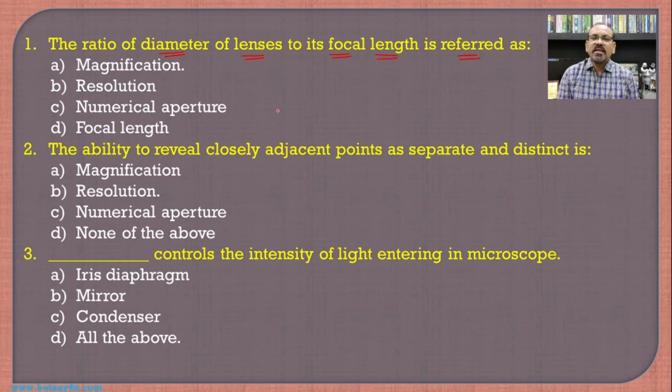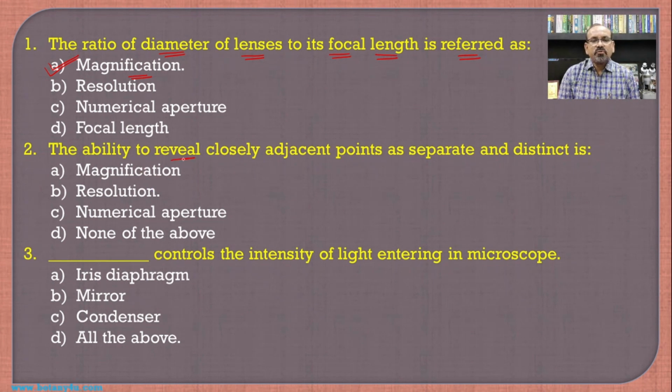And this focal length of the lenses is basically responsible to increase the size under the microscope, and hence the ratio of the diameter of the lenses to its focal length is known as the magnification, and hence A is the answer for this one.